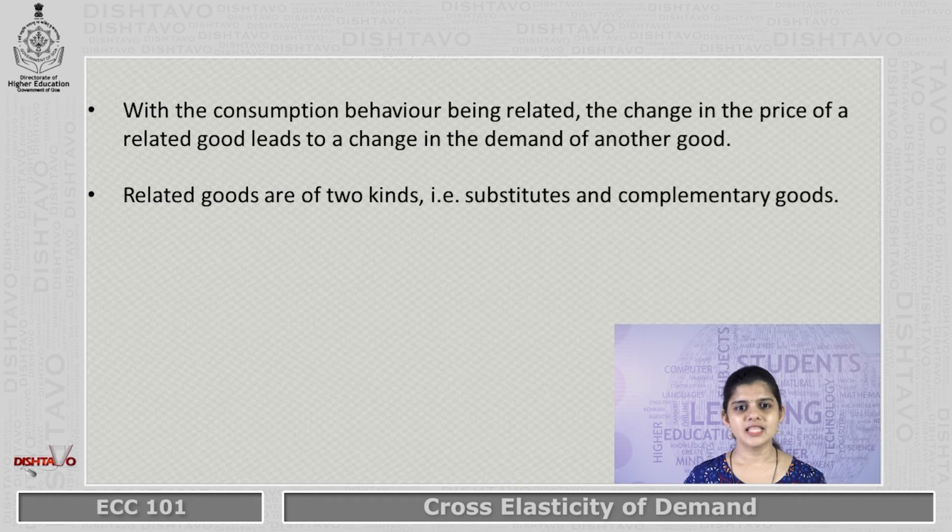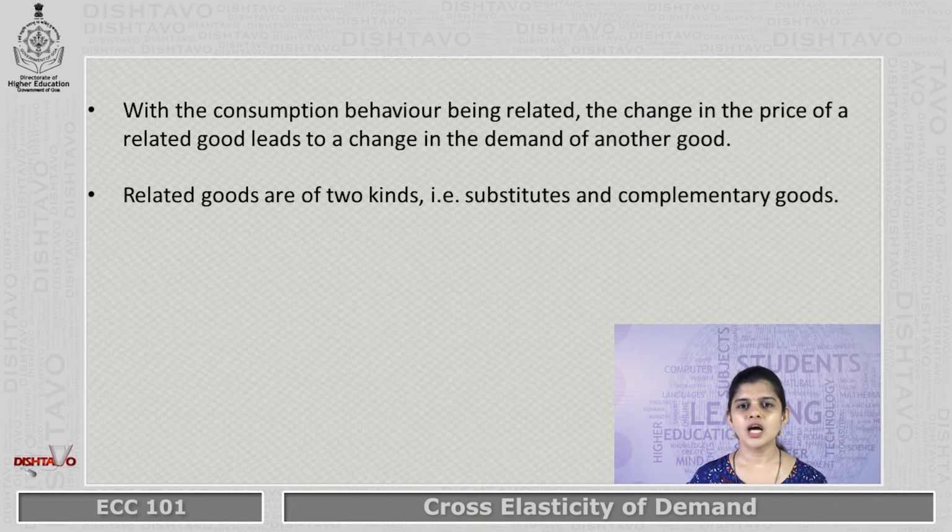We know that the consumption behavior is related. Thus, the change in price of related goods affects the demand for another good. Related goods are of two types: substitutes and complements. Substitute goods are those which can be used in place of one another.